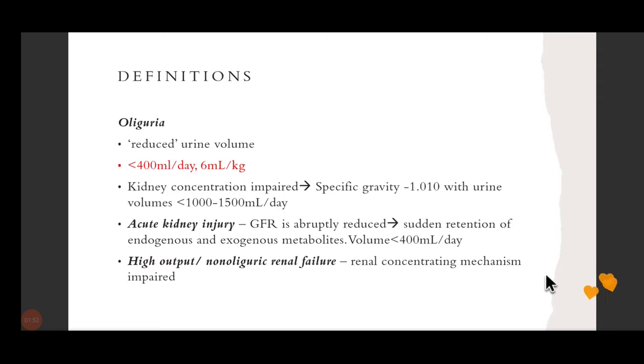And there is sudden retention of endogenous and exogenous metabolites, thereby reducing the volume output of urine to less than 400 ml per day. As I mentioned earlier, there could be a high output or a non-oliguric renal failure, where the output may be more than 400 ml. However, the kidney function is not correct.